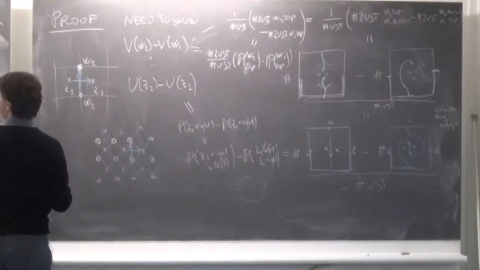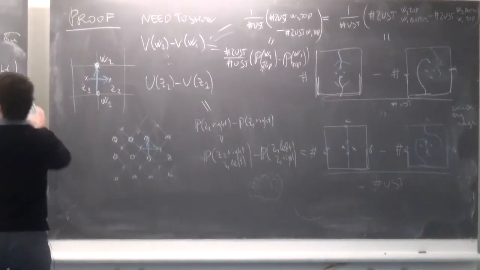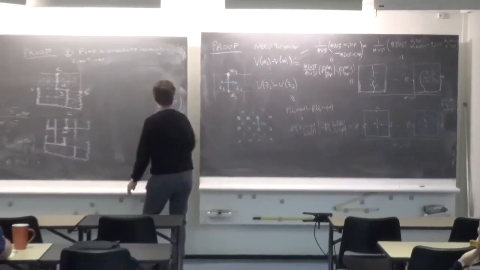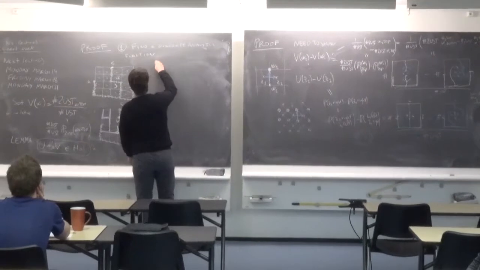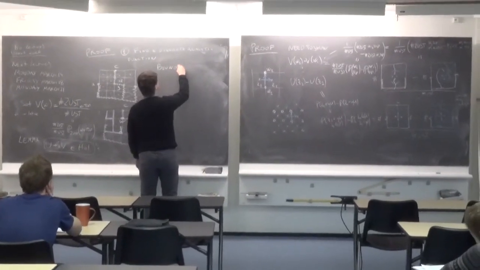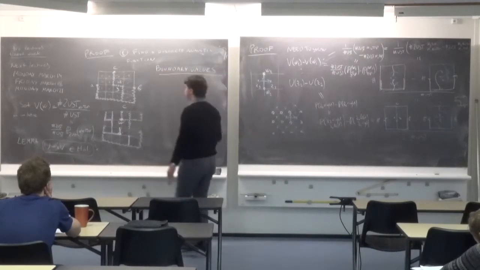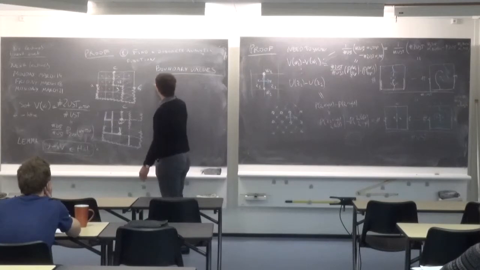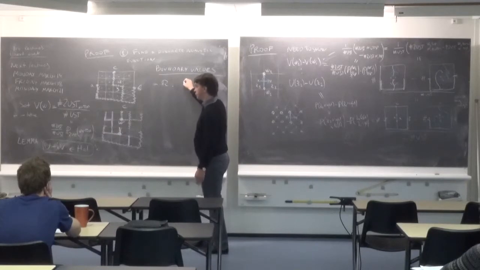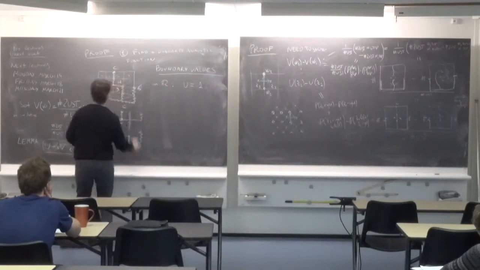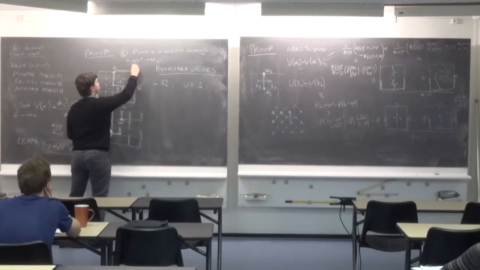So the boundary values: on arc A or on arc BC, our function u is equal to 1. So basically here u is equal to 1.